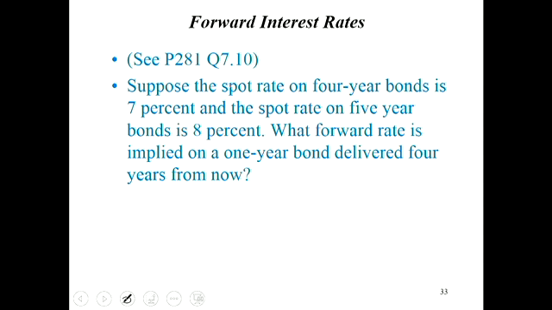There's year 4, there's year 5, and what we have is a 0R5 rate, we have a 0R4 rate, and what we really want to get is this one in here, which is a 4F1. So it starts at time 4, runs for a single period.